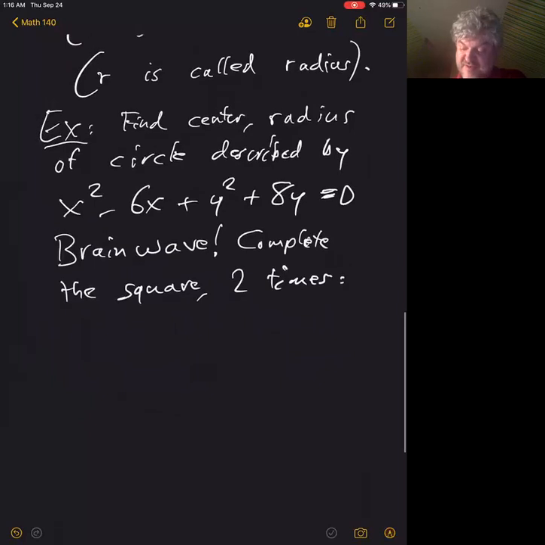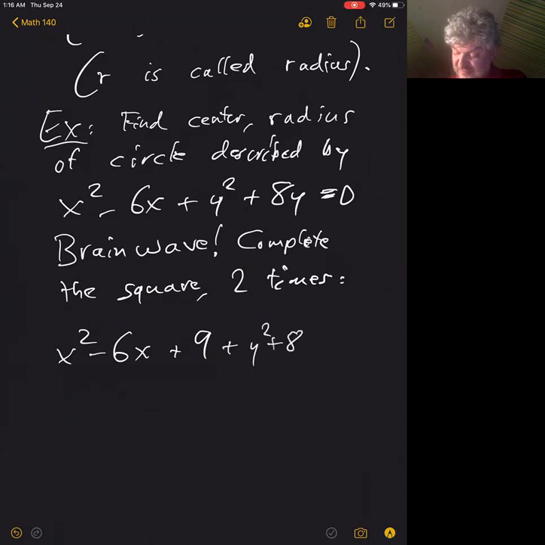You got the x squared minus 6x, and we would love that there was a plus 9 here, and you know why after the last module. And with the y squared plus 8y, we would love that there was a plus 16, right?